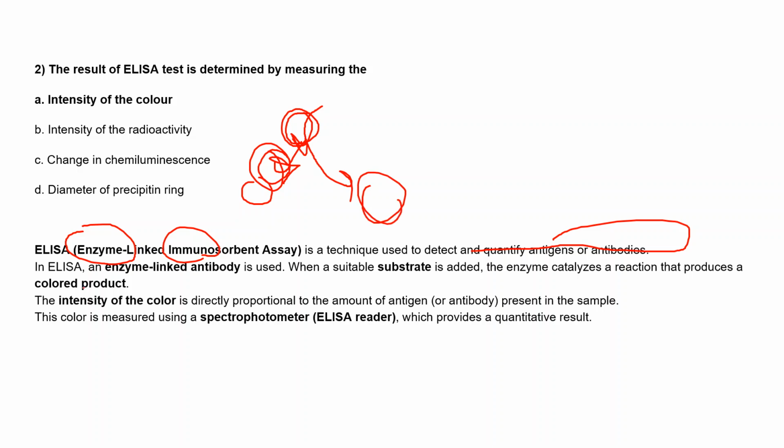That colored product is directly proportional to how much antigen is present in the sample, right? As the name also suggests, enzyme linked sorbent assay. Because of the presence of the secondary antibody, the intensity of this color measures the presence of antigen, how much amount is there.